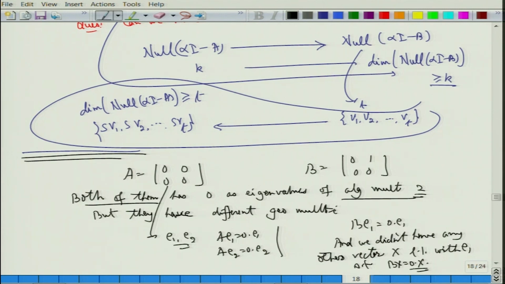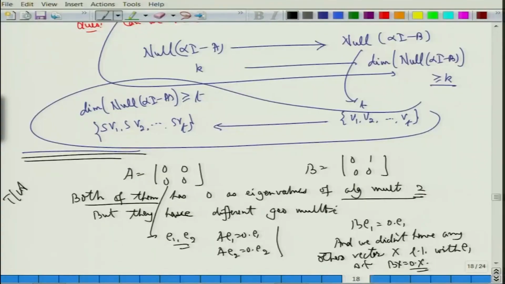So understand that if you have similarity, everything is nice. If there is no similarity, there is a problem. And again recall, I am telling you again and again that similarity means changing the basis. This is what we had done when we looked at linear transformations, the matrix of a linear transformation from T of A to T of B, then the notion of similarity comes into play.